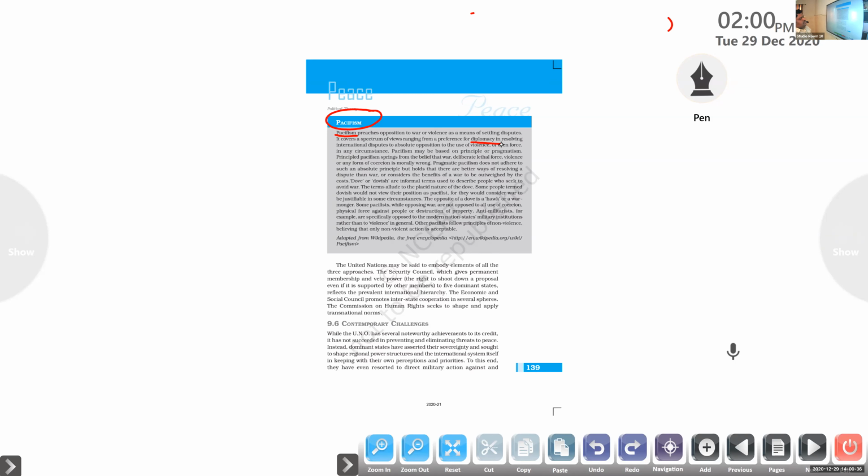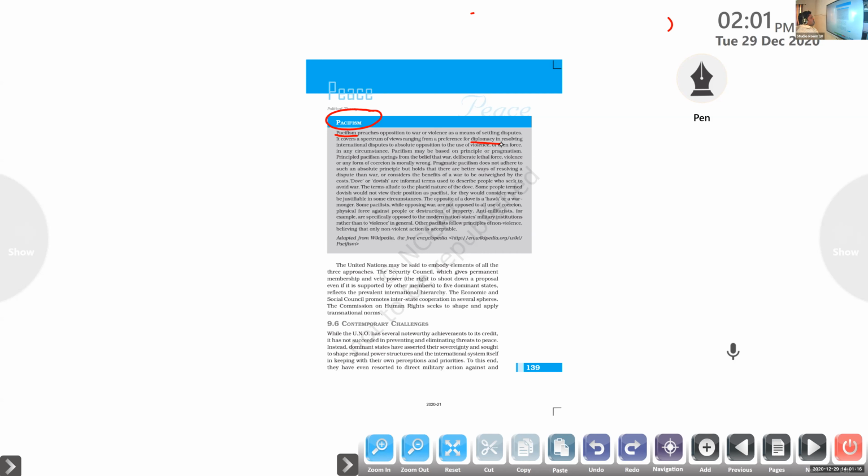Any idea about the word pragmatism? Maybe principles giving importance to some specific aspects. The principle of pacifism springs from the belief that war, deliberate lethal force, is wrong. They are against the use of lethal force, powerful weapons that are able to kill a number of people, very dangerous.